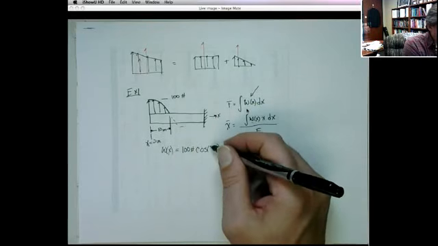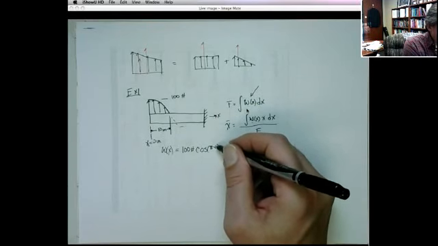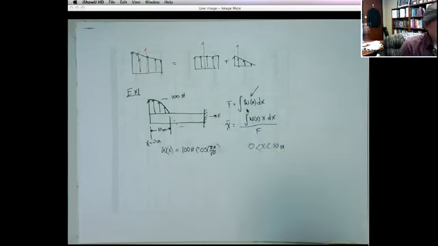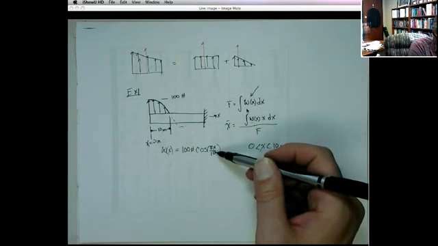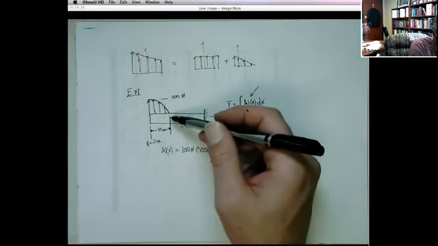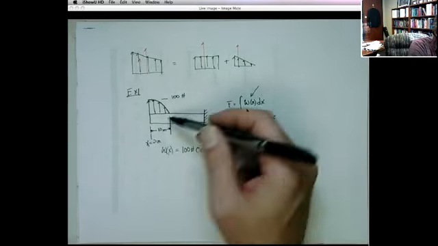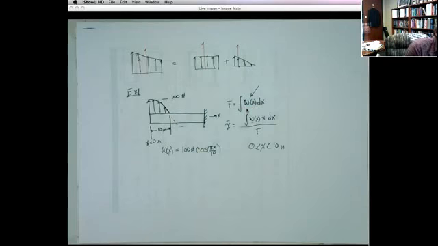So let's put pi times x over 10. All right? And we can check that, right? If we put in x equals 10, the 10s cancel out and give me pi, so it goes to 0. Okay? So that's the function.